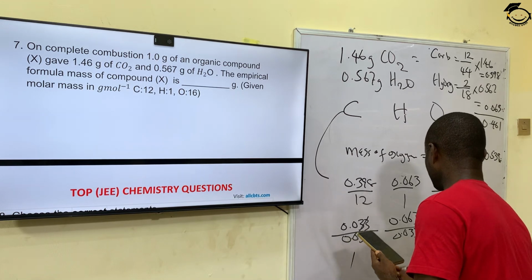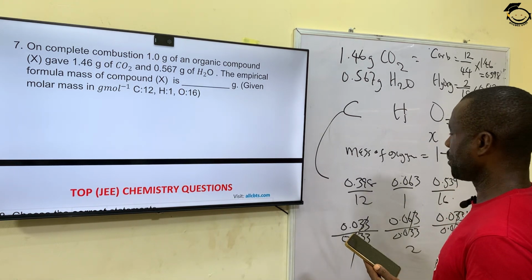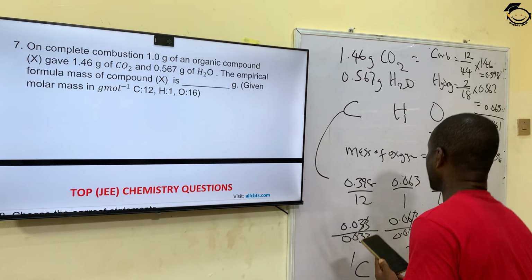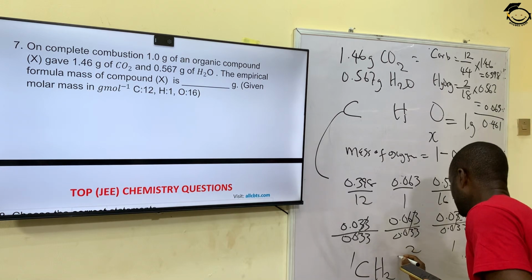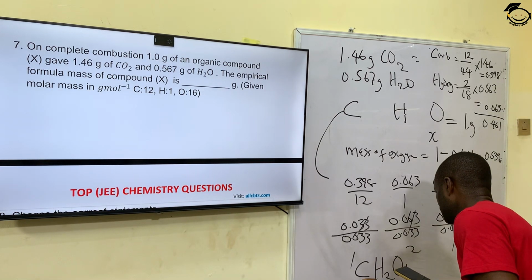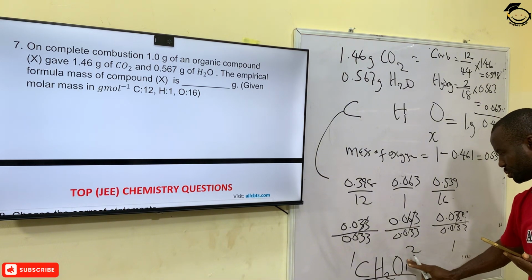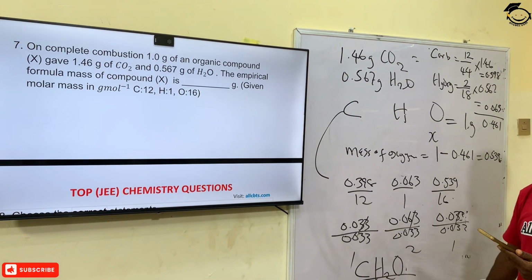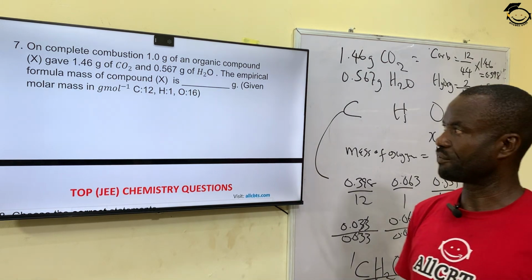Dividing this one gives us 1, this one gives you 2, this one gives you 1. So the empirical formula gives you carbon 1, hydrogen 2, oxygen 1. So the empirical formula is CH2O.